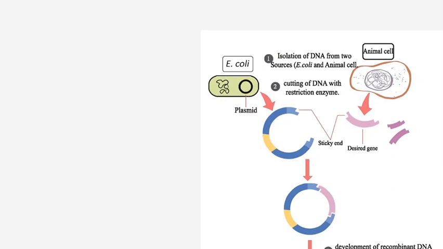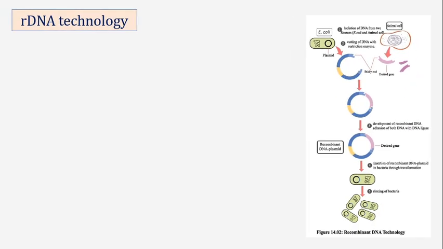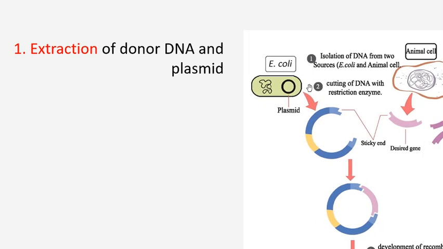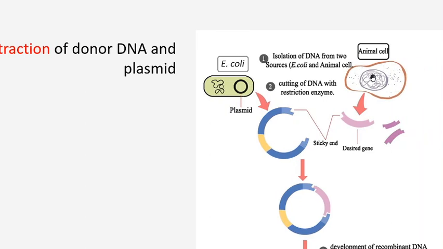So for the production of insulin inside bacteria, we can apply recombinant DNA technology. When we start, at first, we have to extract the donor DNA and the plasmid. What we want to produce inside E. coli bacteria is insulin hormone, so we have to isolate the insulin gene from a human body cell.